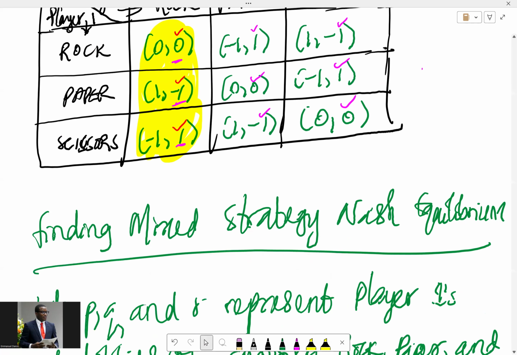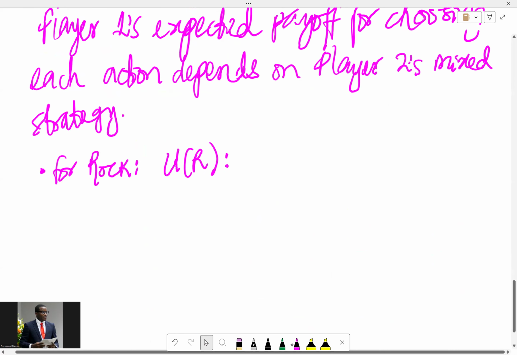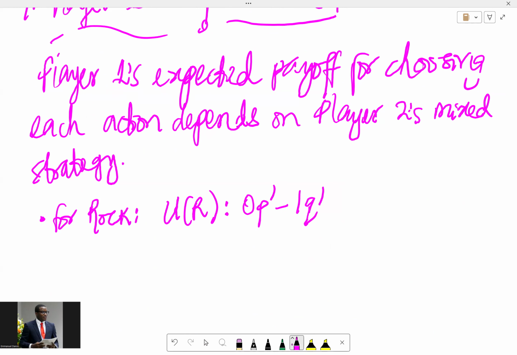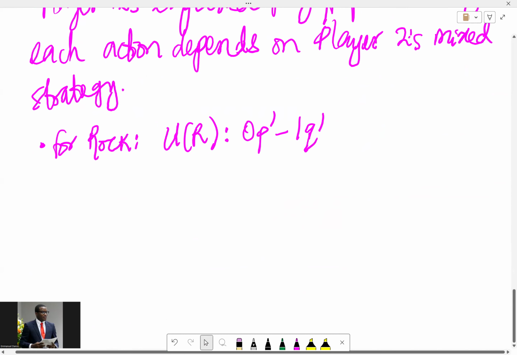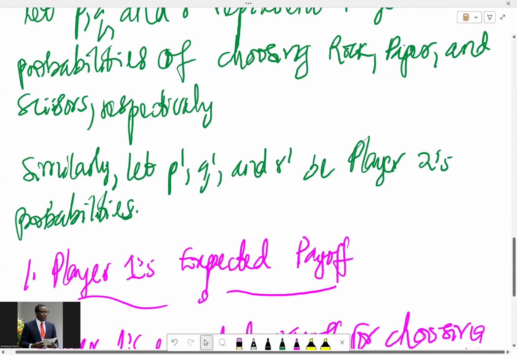So with that, we have this expression: 0 p prime minus 1 q prime. We already know p prime, q prime, and r prime are the probabilities for player two. So the payoff for picking rock here is 0, and the probability of that is p prime.